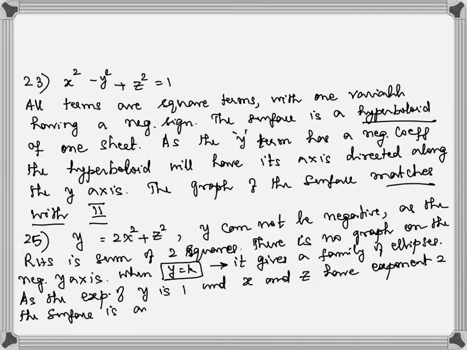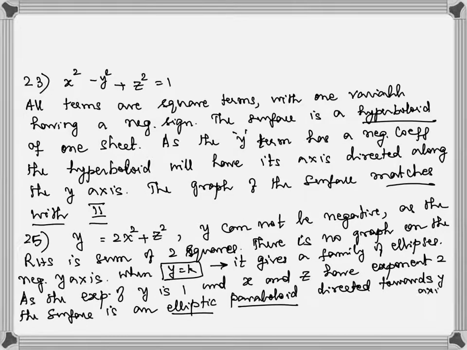The surface is called an elliptic paraboloid, and the axis of the paraboloid is going to be the positive y-axis. So the figure for this one matches with 6. The graph of the surface matches with figure 6.